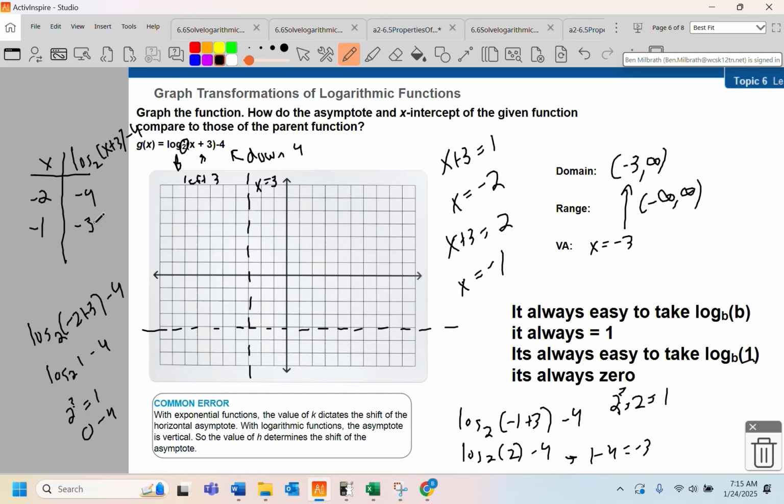Anywho, back to fall 4, back 1, fall 3. And then just come in from up high on the right and flat line on that asymptote. And I know those are rough. I've done this for years, and I know they're rough.